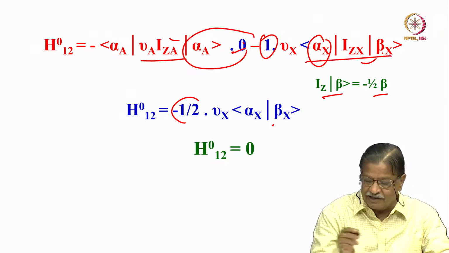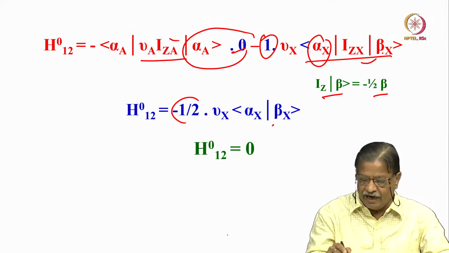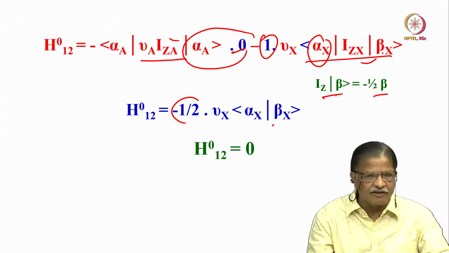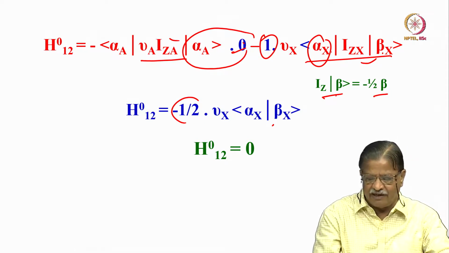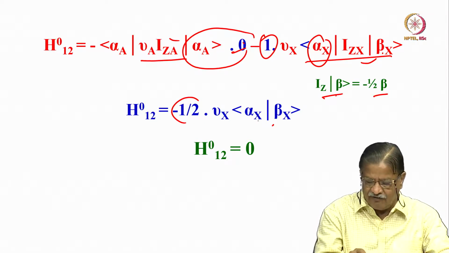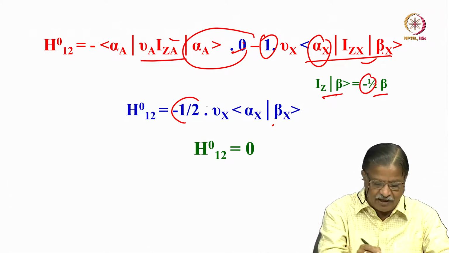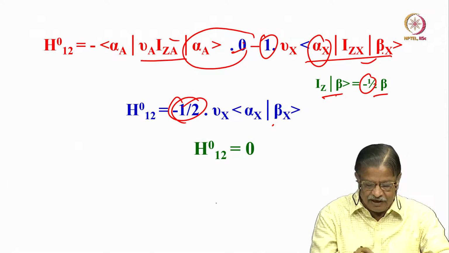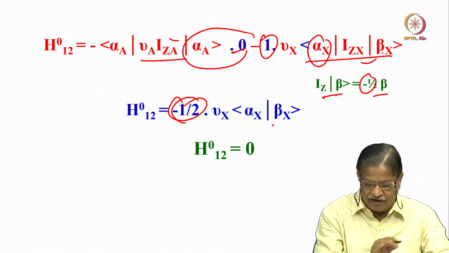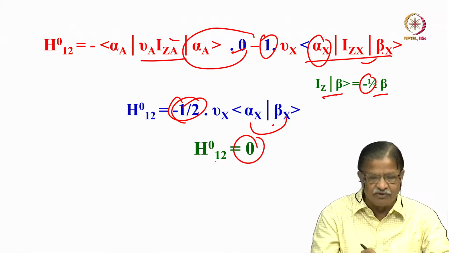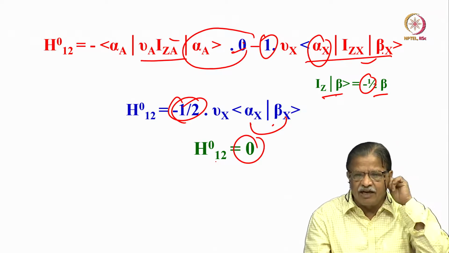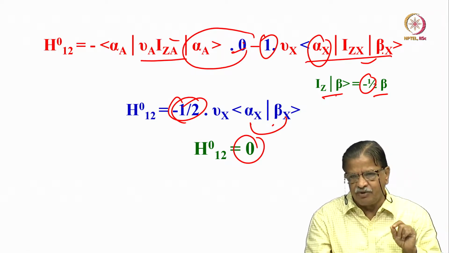Now, if you expand this term in detail, you take Iz beta which is equal to minus half beta, half into nu X, this can be very nicely written, half into nu X into alpha X beta X, because this half is coming here I have taken it out, but nevertheless for positive or negative it does not matter because anyway this term is 0, alpha operating on beta here is becoming 0. So, H12 is 0, one of the off diagonal elements I showed to be 0.